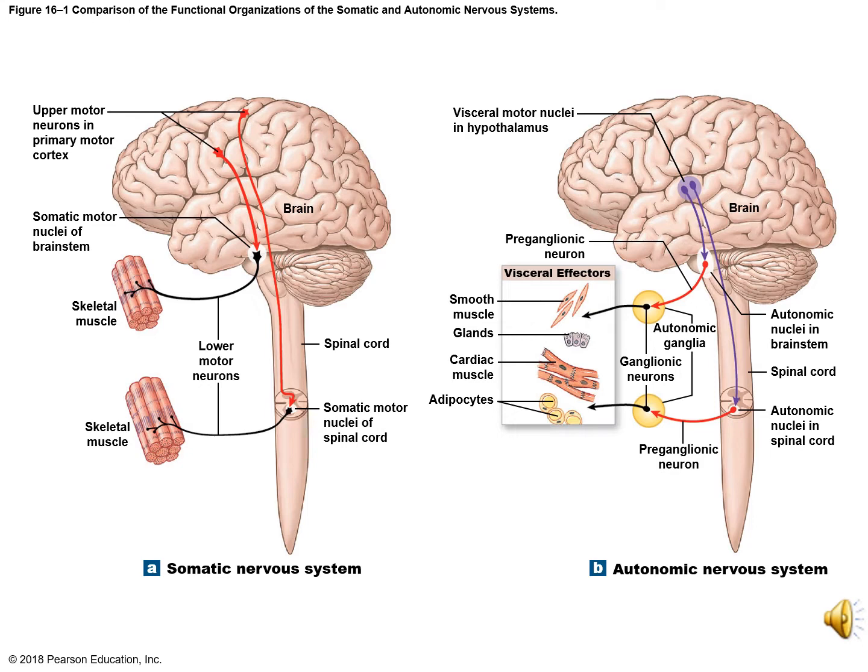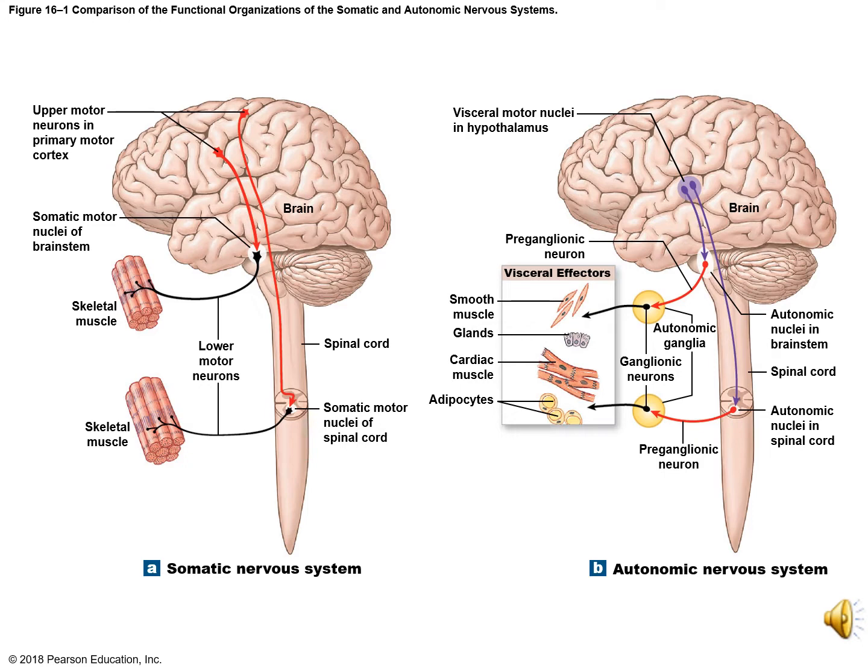There are 2 different ganglionic neurons. There's the preganglionic neuron. Now remember, a ganglia implies a cluster of cell bodies outside the central nervous system in the peripheral nervous system. So your preganglionic neuron has cell bodies that are made up of the autonomic nuclei in the central nervous system, and their axons will pass information out of the central nervous system to the ganglia in the peripheral nervous system.